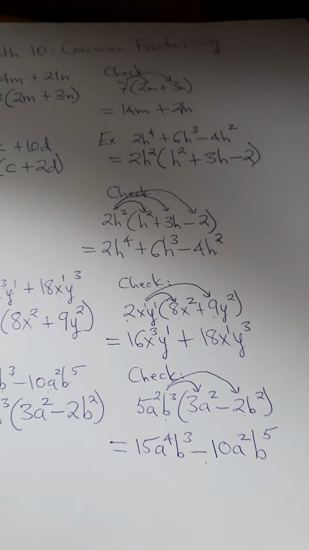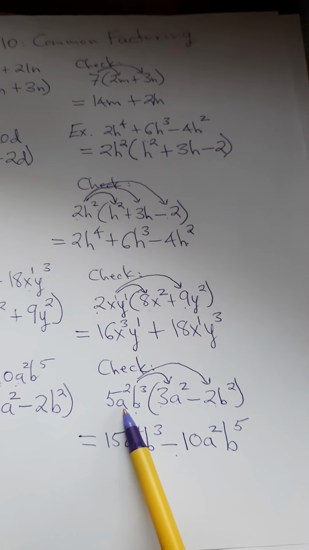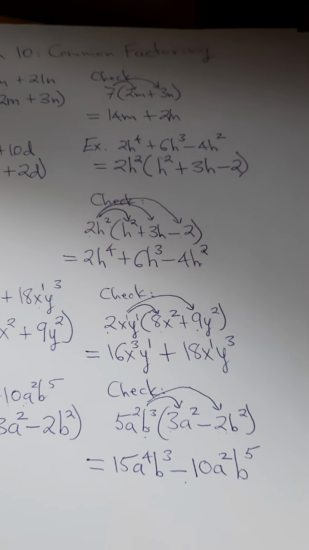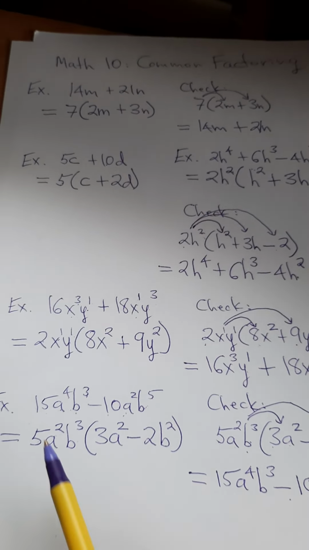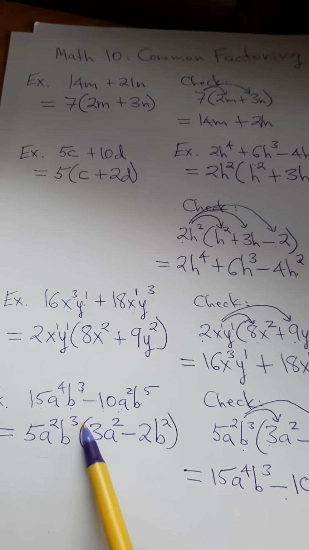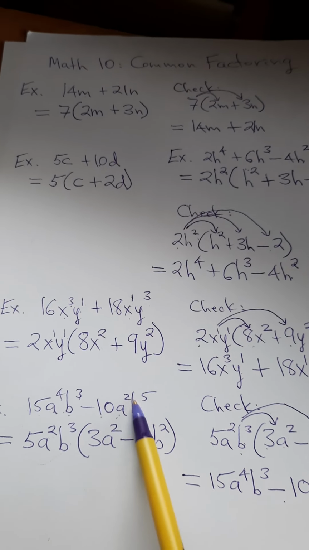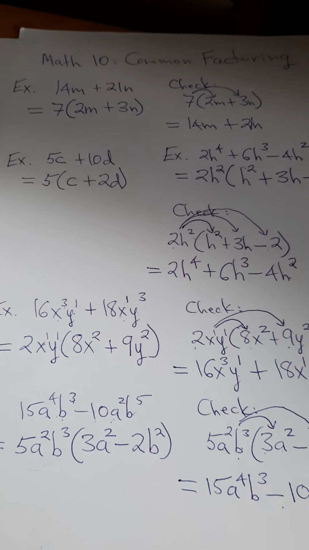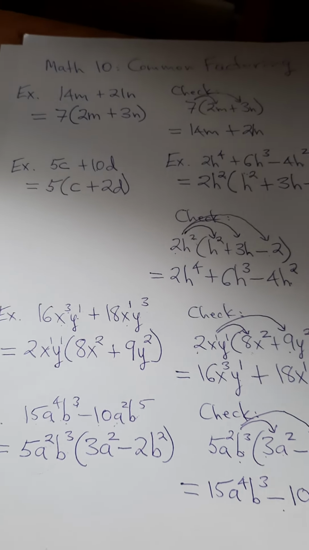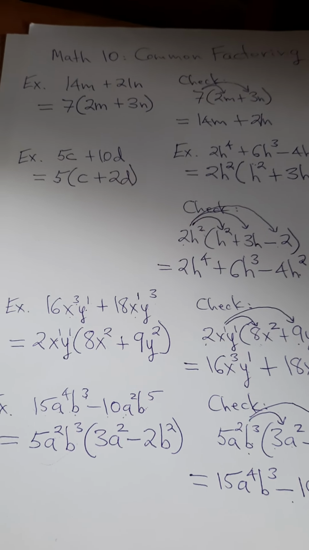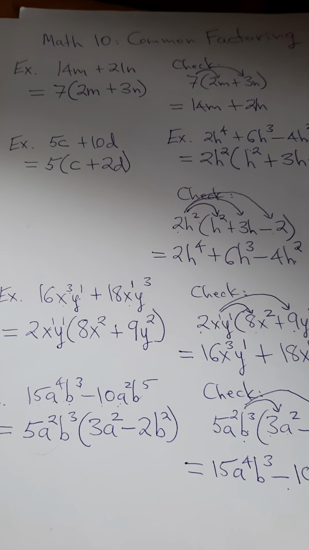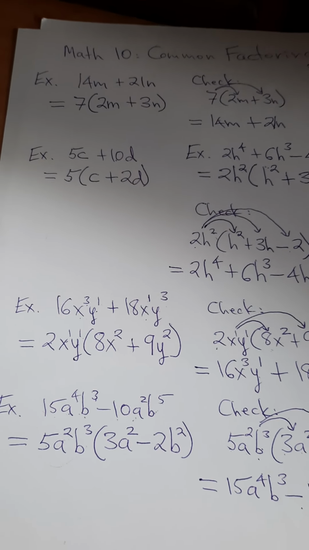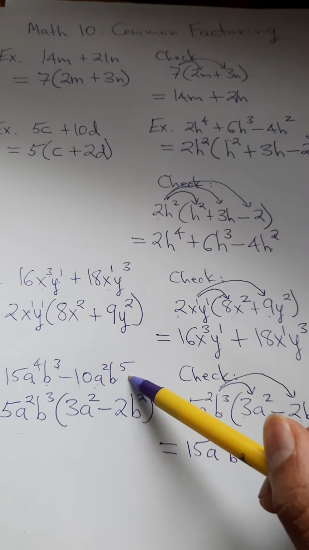Whatever factor you take out outside the brackets, make sure you divide each of the terms by the greatest common factor, and for the variables, I'm just subtracting the exponents to make sure that I have simplified the whole expression.